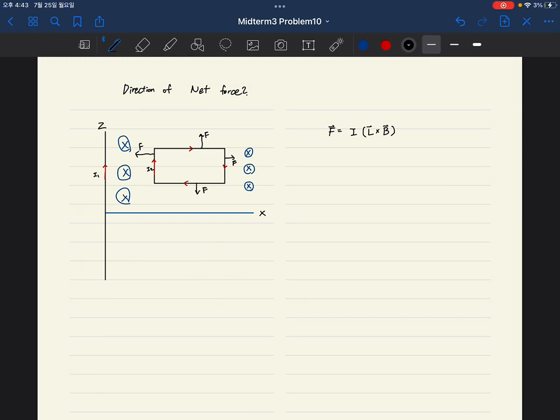Now we found the direction of each force on the rectangular wire, and then we can cancel out the forces that are equal to each other, which are top and bottom.